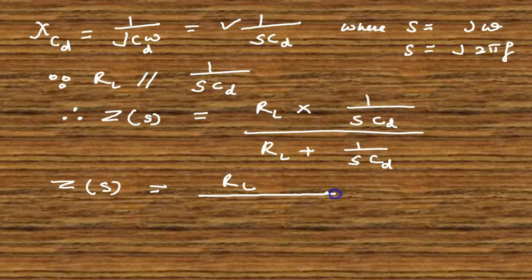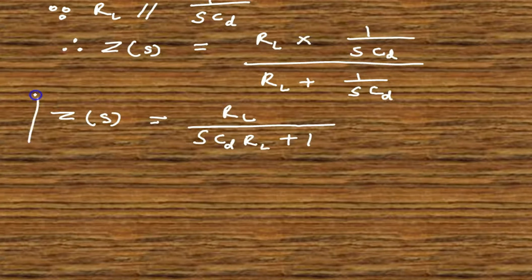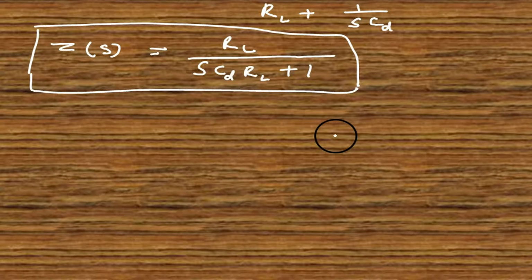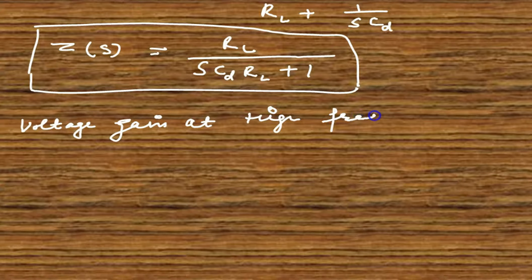So the parallel combination becomes, now simplifying, this is Zs, meaning the parallel combination of resistor and capacitor.